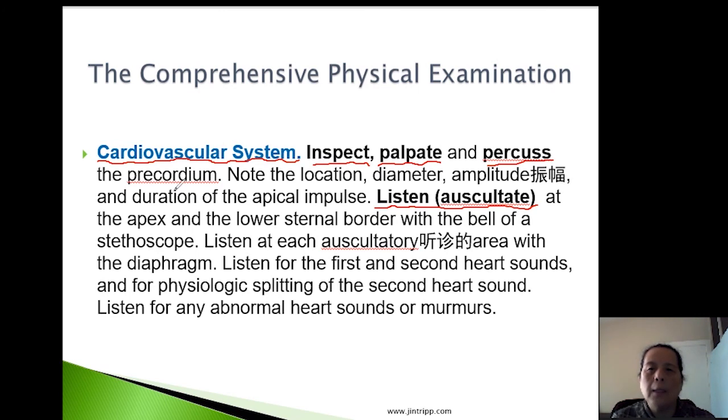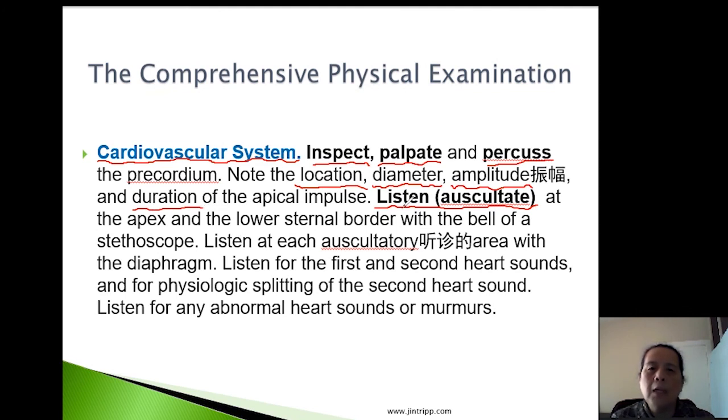When we're looking at the location, we will talk about the detail later. Basically, we see the heart jumping at the front of the chest area, how big an area, that means diameter, and the duration, the time.